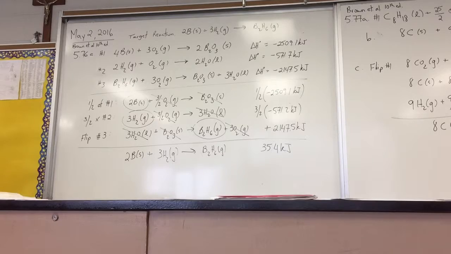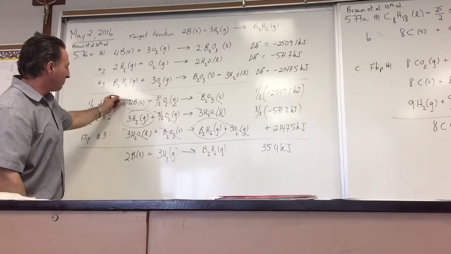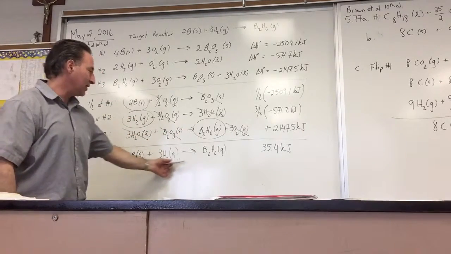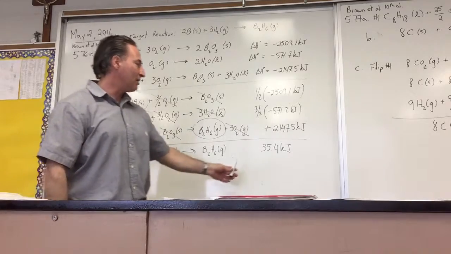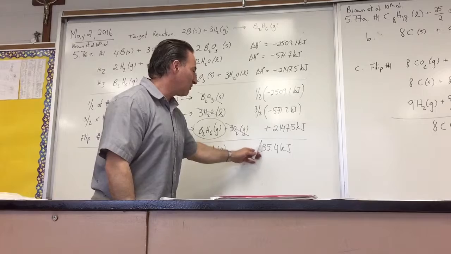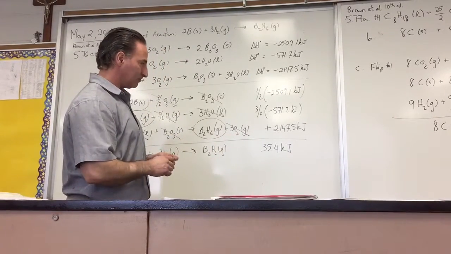And what's left is the B2O3, which is also going to cancel. The things that are left are the 2 borons, the 3 hydrogens, and the B2H6, which we then write down as the target equation. And the math for that adds up to 35.4 kilojoules. So that's the heat of reaction for this chemical equation.